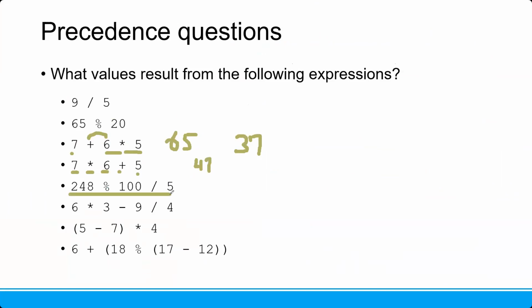What about this? We will do it from left to right. 2 for 8, remainder 100. It is 48, because the remaining is divided by 5.